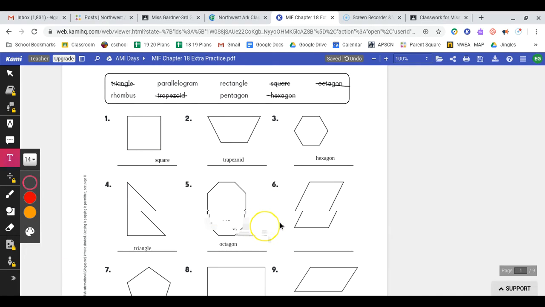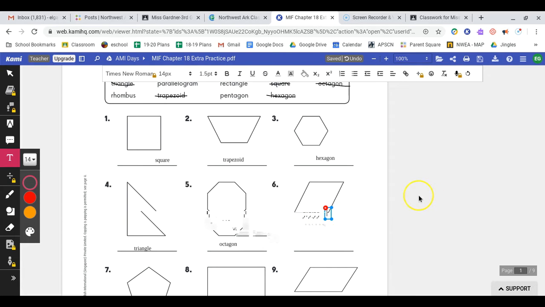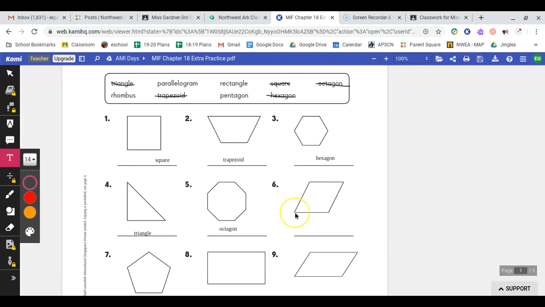Okay, so think about what you observe with this shape. How many sides? 4 sides, so it's a type of quadrilateral. This quadrilateral looks like it has equal length of all the sides, 2 parallel to each other, and this set is also parallel to each other.